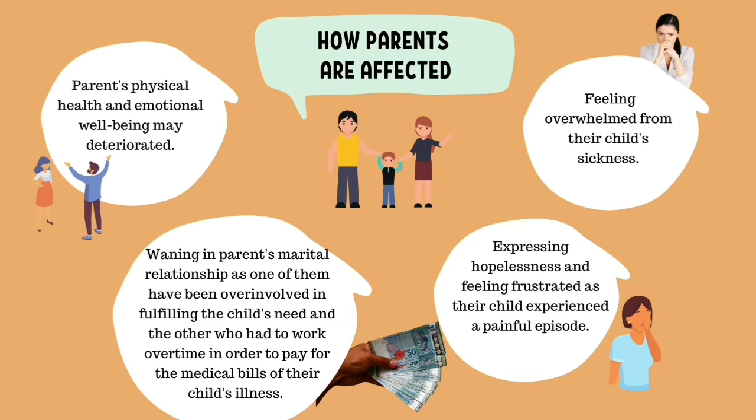The parents' physical health and emotional well-being may deteriorate, and their marital relationship may wane as one of them is over-involved in fulfilling the child's needs, while the other has to work overtime to pay for the medical bills of their child's illness. They also may express hopelessness and feel frustrated as their child experiences a painful episode. Lastly, they may feel overwhelmed by their child's sickness.